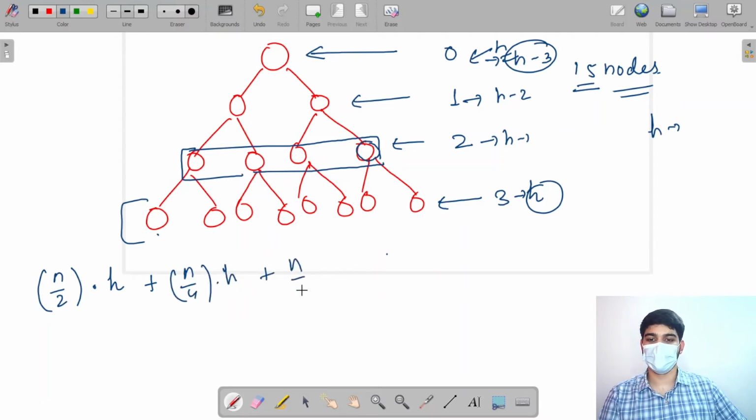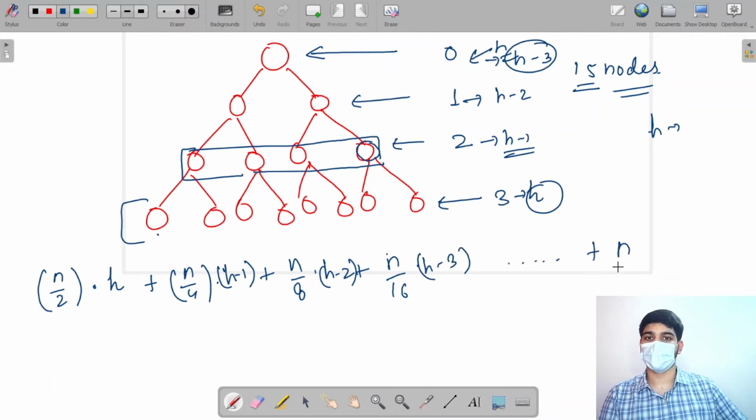Then we would have n by 8 into h minus 1, then h minus 2 over here, and then n by 16 into h minus 3. We go on, what we would have is n by 2 to the power k, for which my h would become 0.